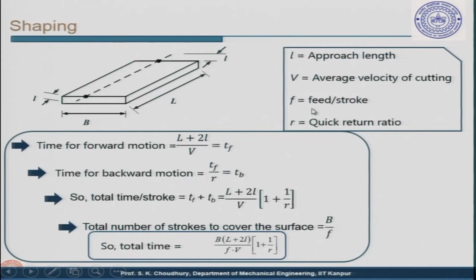This is if we have a feed per stroke F, and B is the width and L is the length, with the approach lengths considered. So, this is the difference between shaping and turning: here we have to consider the approach length, and another different factor is the quick return ratio.